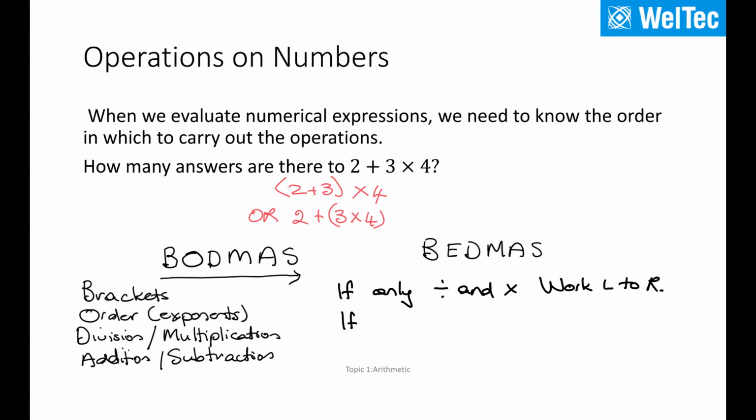If we've only got pluses and minuses, then again we work left to right. So we use BODMAS or BEDMAS or whatever acronym you use if we've got lots and lots of different operations, but if we've just got two and they are at the same level, so divide and multiply or add and subtract, then we work left to right.